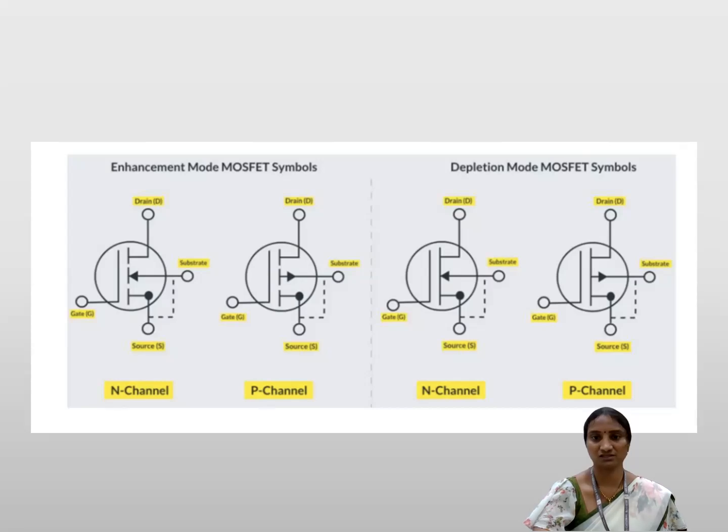First one is related to N channel, second one is related to P channel. The differences between N channel and P channel can be identified by the arrow direction. By using this arrow direction, we can differentiate the symbols of enhancement mode, depletion mode, P channel and N channel type MOSFETs.